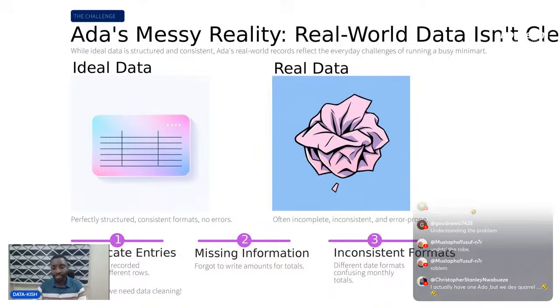They have consistent formats, no errors. But in real life, it's not the case. Oftentimes, there'll be incomplete data, inconsistent entries, errors in entries, misspellings, and duplicate entries, and all of these would be what we would have to handle in today's session.